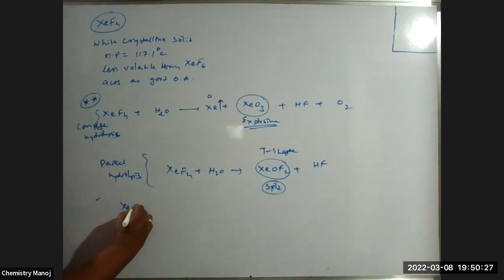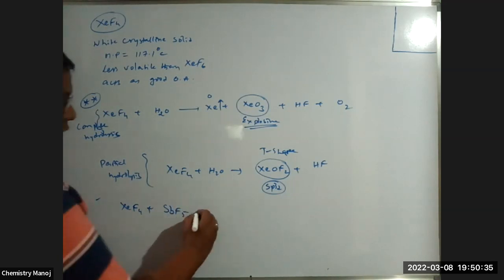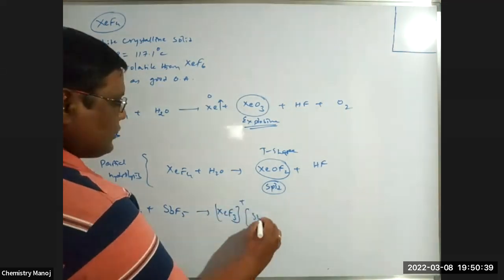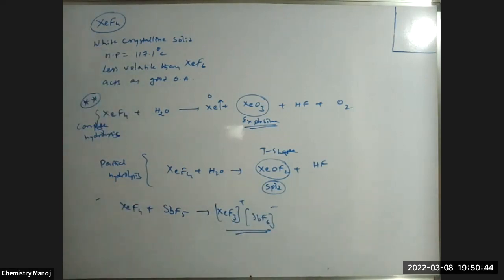When XeF4 reacts with non-metal fluorides like SbF5, it converts into XeF3 plus ion, SbF6 minus ion, just like XeF2.